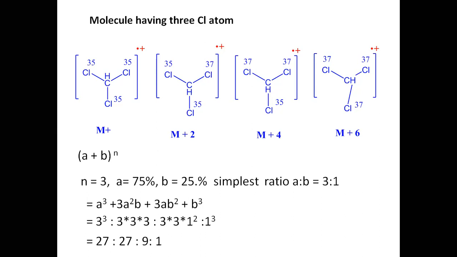Okay, so understand this idea. You can see from this that this is the ratio of the M plus peak, this is the ratio of the M plus 2 peak, this is the ratio of M plus 4, and this is the ratio of M plus 6. So these two are same.